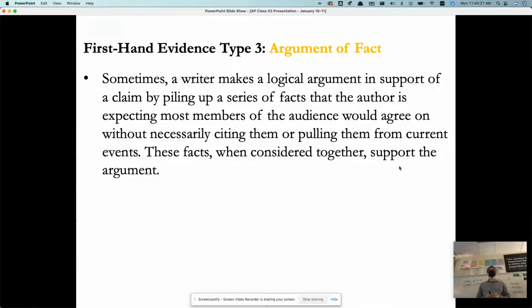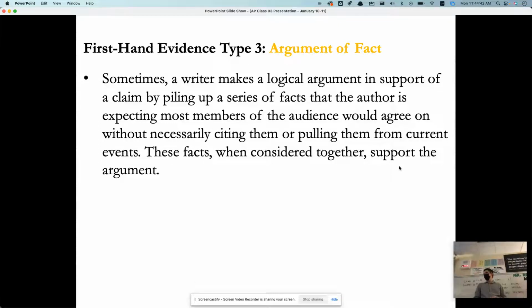It's just fact after fact after fact, layered on top of each other in such a way that it makes a logical argument. This is actually very common.